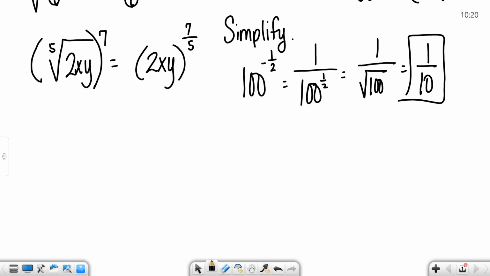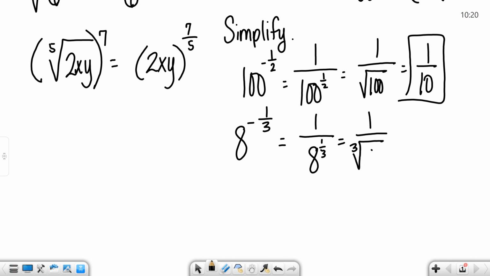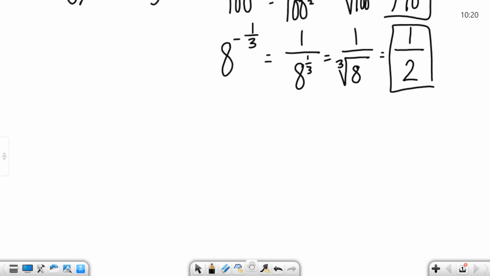These rational exponents tend to get a little tricky for people. A negative exponent, all it does is put it in the denominator, and now the negative exponent is a positive. All right, now this says the cube root of 8 to the 1st power. The cube root of 8 is 2. So our answer here is 1/2. Okay, still simplifying.